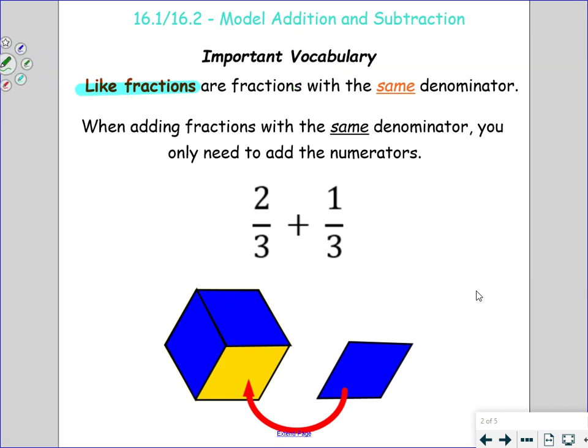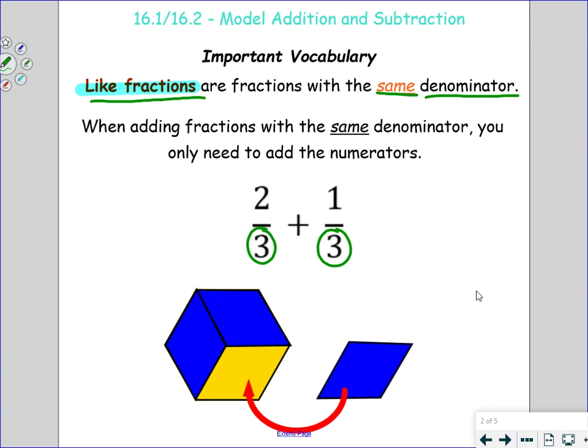So, important vocabulary. As you see, I highlighted like fractions already. Like fractions are fractions with the same denominator. Remember, the denominator is the bottom number on our fraction.